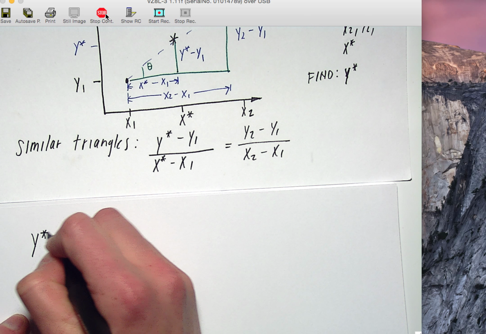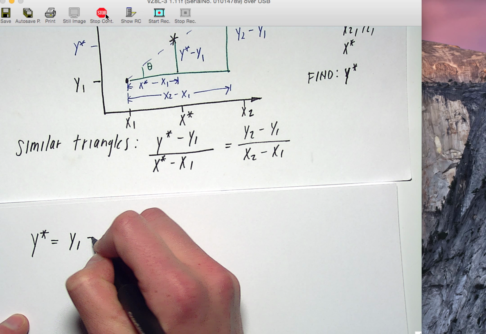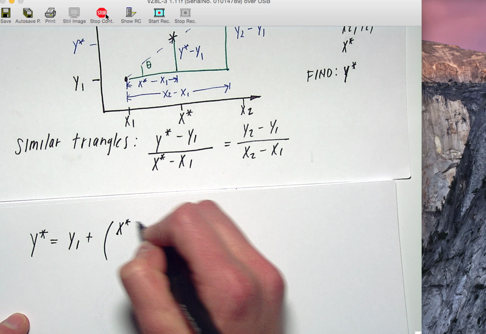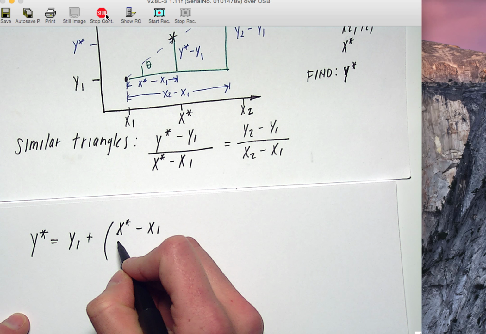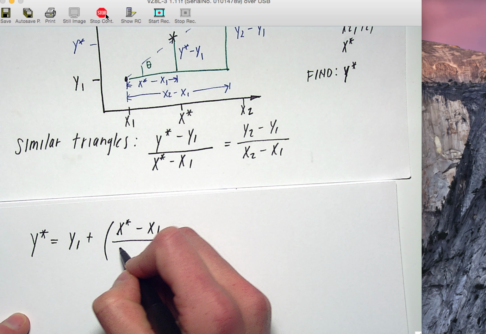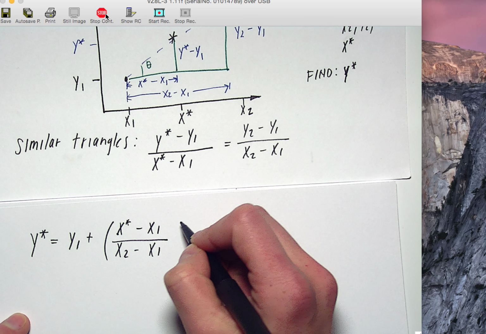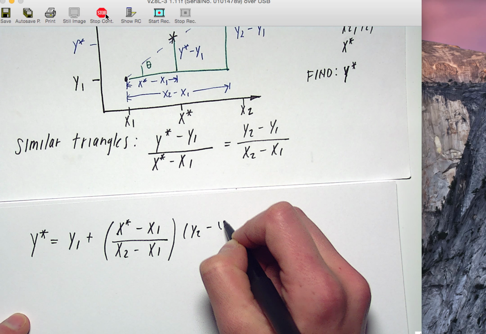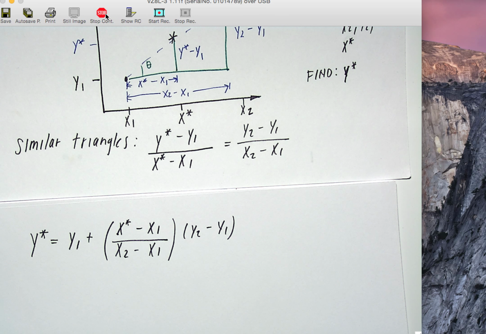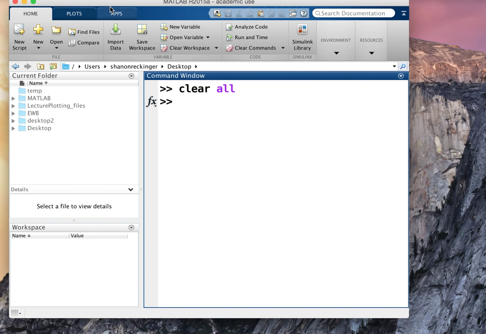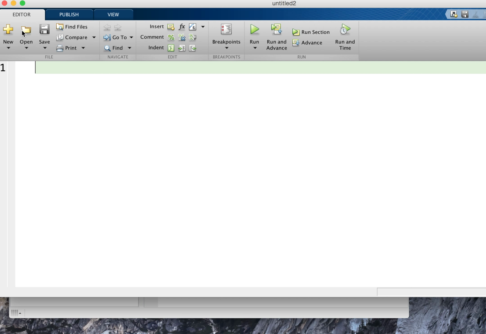So we have y star, just doing some algebra and rearranging, equals this. Okay, so this is your linear interpolation formula.